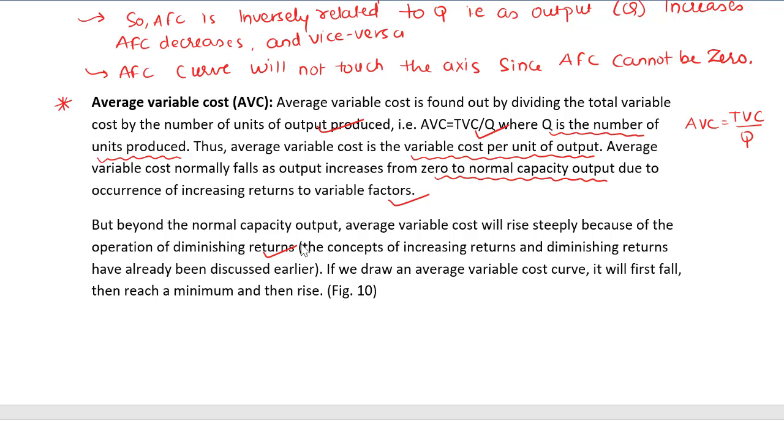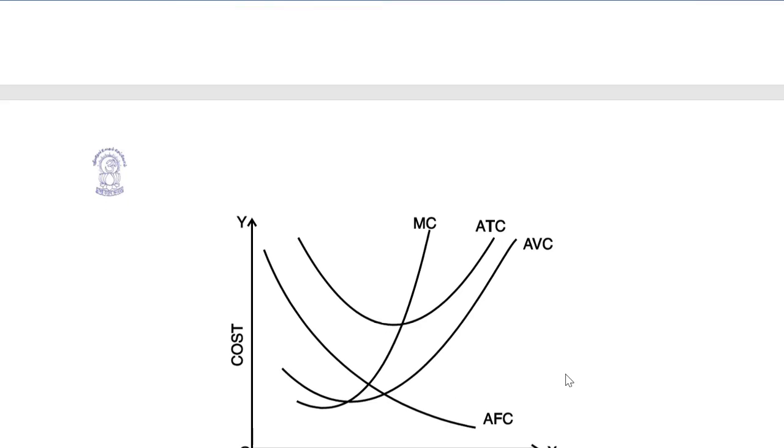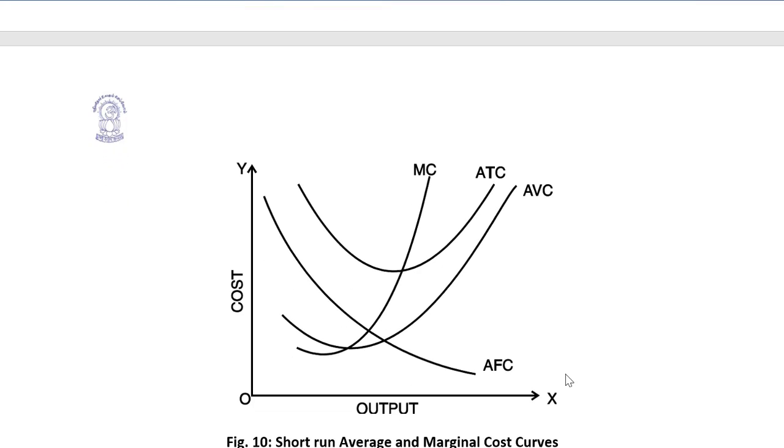Let us see figure 10 about the average variable cost curve. It will first fall, then reach the minimum and then rise. First it is falling, then it will become constant, and average variable cost will start increasing.